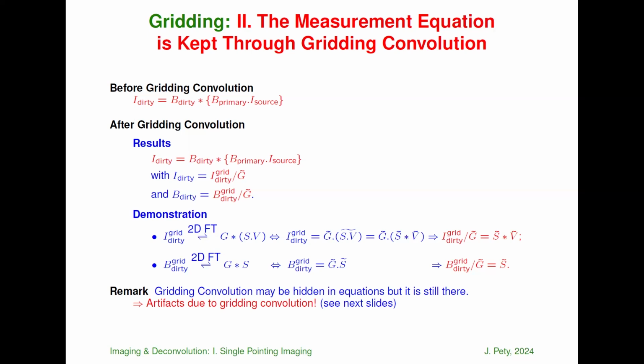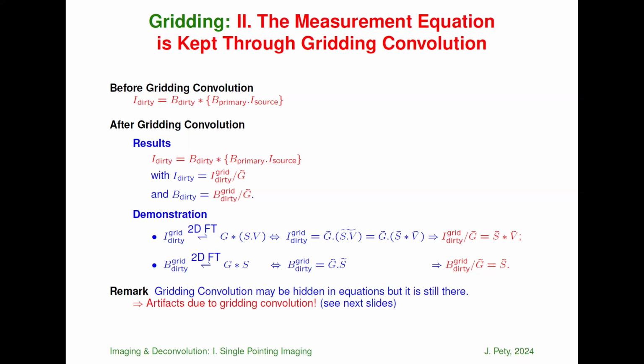The demonstration is here if you want to have a look at it. I'm not demonstrating it, but if you use those formulas and the properties of the Fourier transform, you see that you will keep the form of your measurement equation. This is important because it means that all the mathematical algorithms that we use to deconvolve can be used on the gridded data.